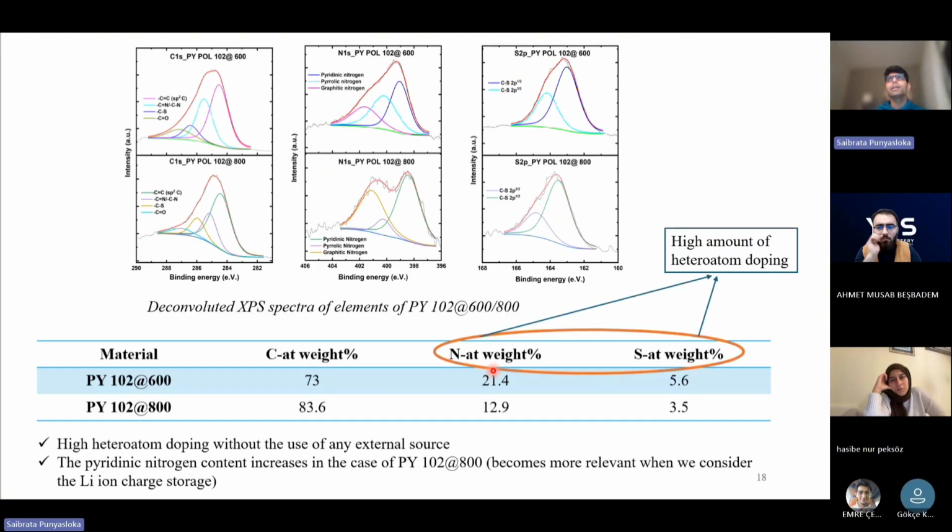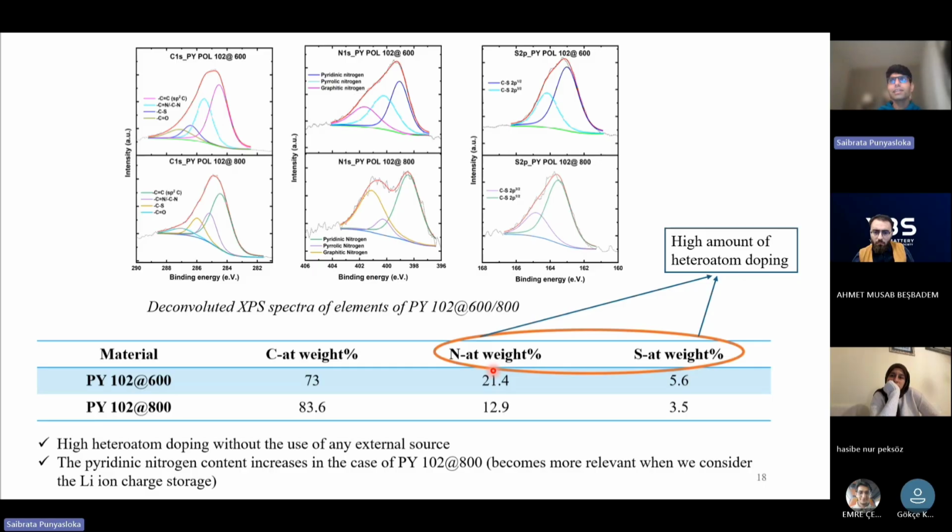And the other thing is having dopants in the carbon structure. Dopants are very important because not only do they increase the electronic conductivity of the whole system, but they can also store charge. And based on how much percent of heteroatom is there, the performance can vary.